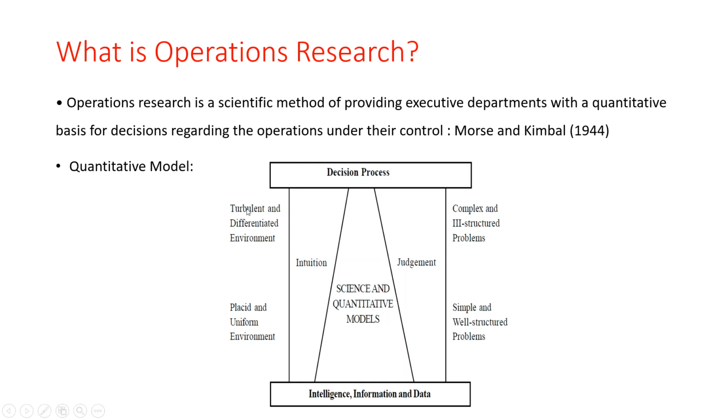This diagram says that the higher the degree of complexity and turbulence in the environment, the greater is the importance of the quantitative approach to management. On the other hand, the lower the degree of complexity, that is a simple and well structured problem, and the lesser the turbulence in the environment, the greater is the potential of a quantitative model.